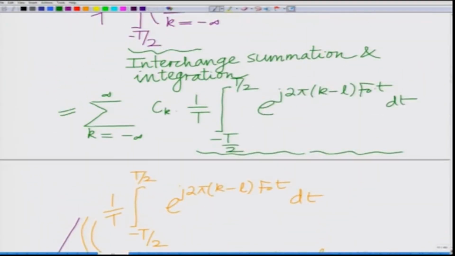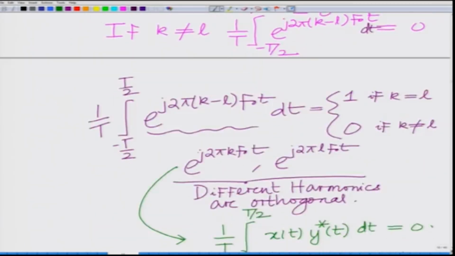Because look at this, if you go back here, let us go back to this integral.